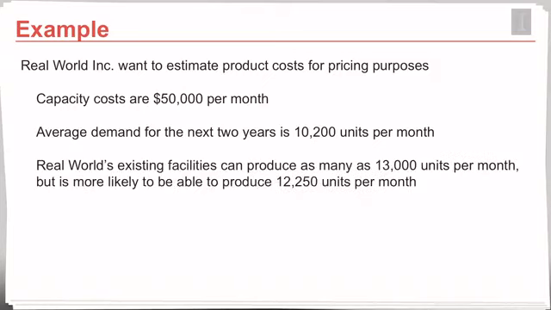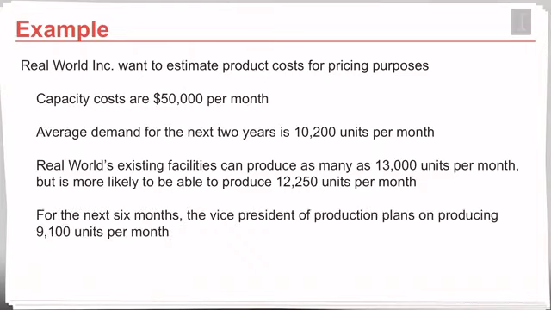Real World's existing facilities can produce as many as 13,000 units per month, but is more likely to be able to produce 12,250 units per month. Those sound like supply-based measures of capacity. The 13,000 is theoretical capacity, and the 12,250 is practical capacity.